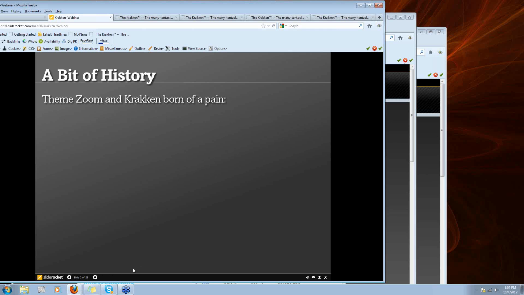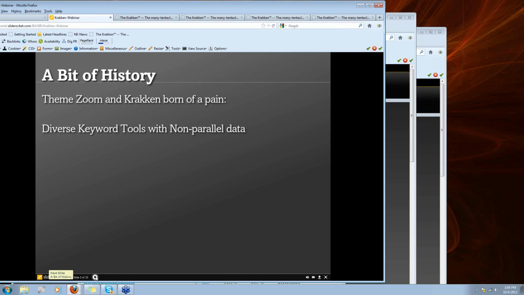ThemeZoom and Krakken were both born out of a pain. Back in 2006, Russell came into my office. He had a huge client he was working for, and he was trying to get all of these different data pieces to kind of mesh together. And the problem with trying to get different keyword tools to mesh together is the fact that they don't have parallel data.